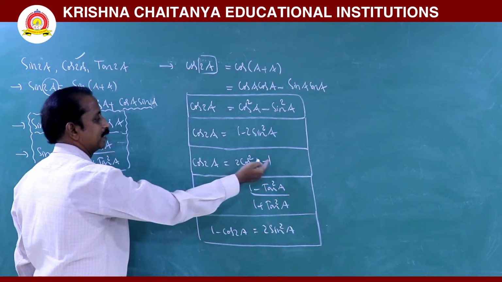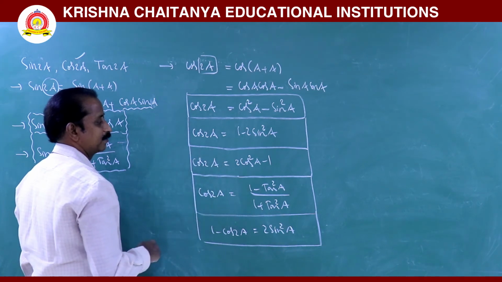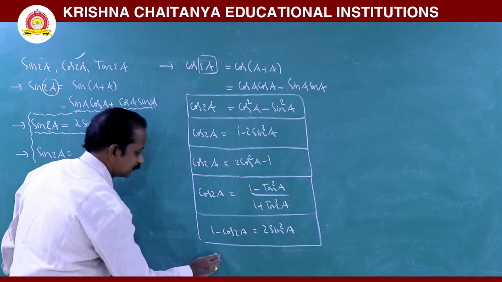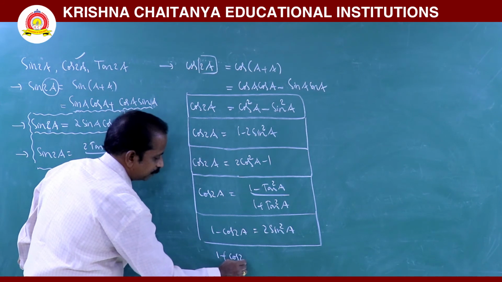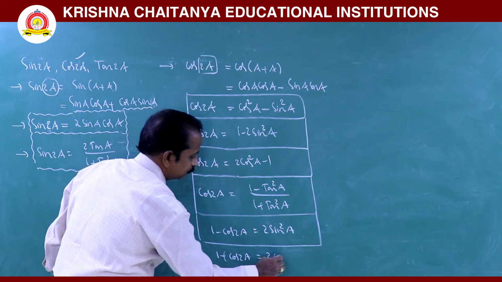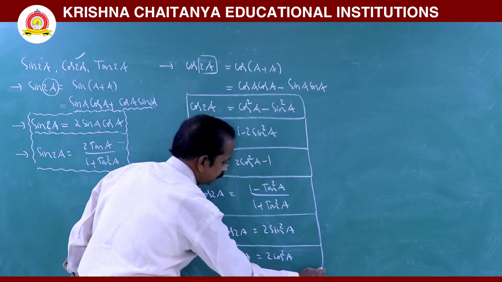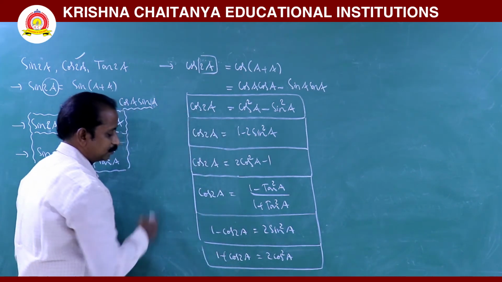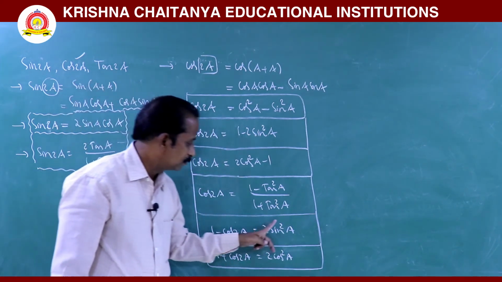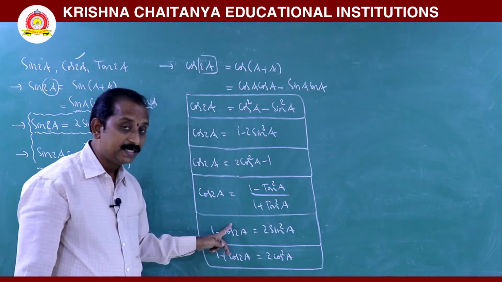From this one we can write minus 1 taken into the LHS side. So, 1 plus cos 2A is equal to 2 cos square A. This is another basic. These are very useful to convert degree into linear.